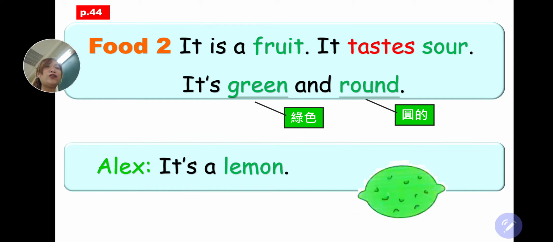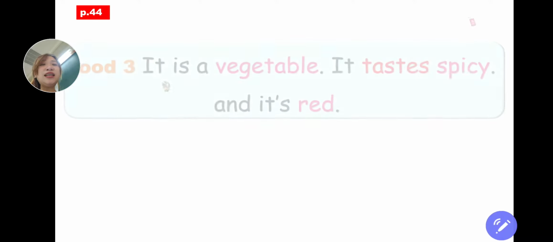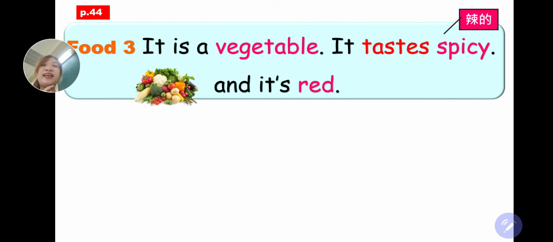Okay, so let's keep going to our food three. Now, so food three. It is a vegetable. It tastes spicy and it's red. 它是蔬菜的一种，吃起来是辣辣的。而且它是红色的。Can you guess what's that?